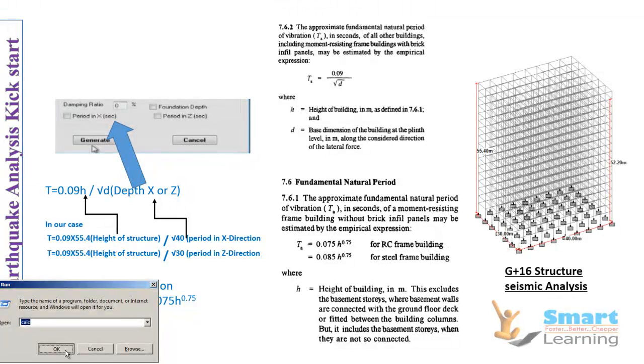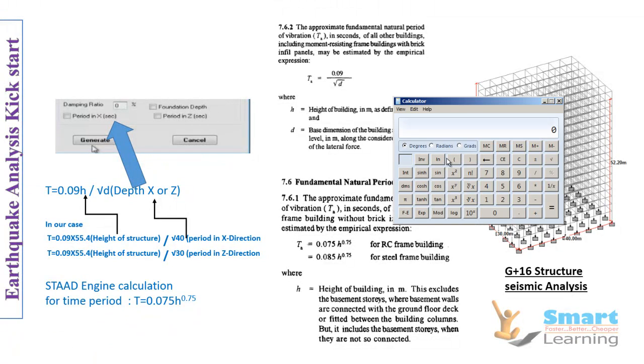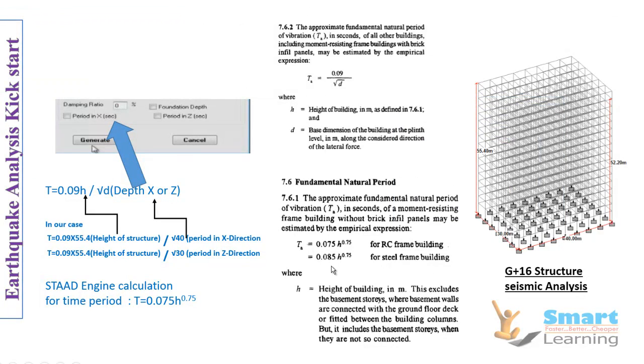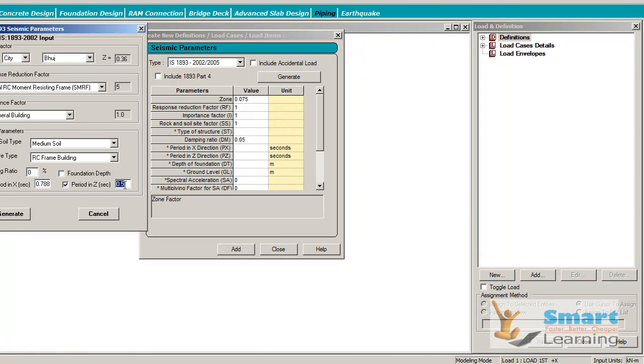Again I will go to the calculation, and here I am going to go for the square root of 30, 1 by x, multiplied by the height of the structure, that is 55.4, multiplied by 0.09, and this is coming 0.91. So this I am going to feed, 0.91, and go to generate.